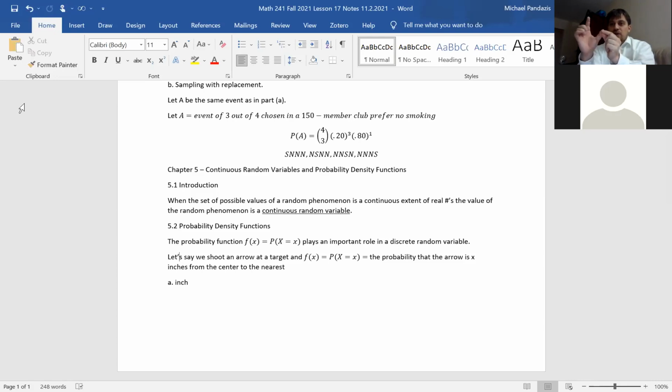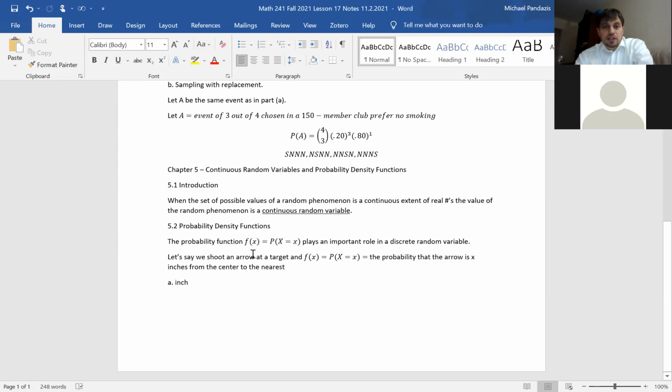If it's exactly in the middle, you just round up. So if it's 1.5 inches away, you round it to 2. We always get an integer number of inches: 0, 1, 2. If it's 1/4 of an inch from the center, we round down to 0.